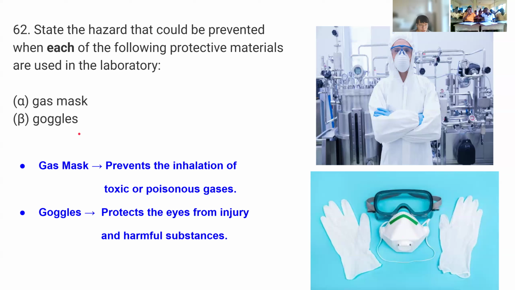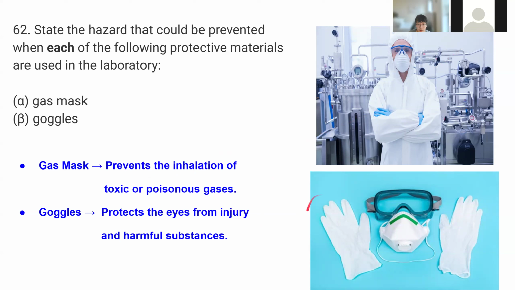And goggles, it asks to state how it protects us, which is by protecting the eyes from injury and harmful substances. So we don't want any chemicals to enter our eyes, and we also don't want them to enter through our nose as well.